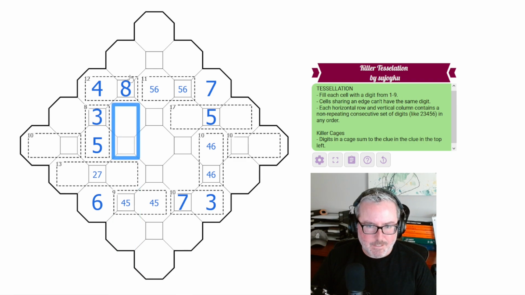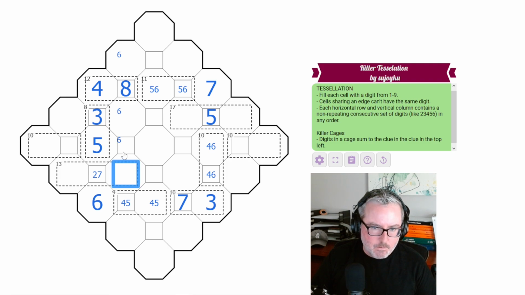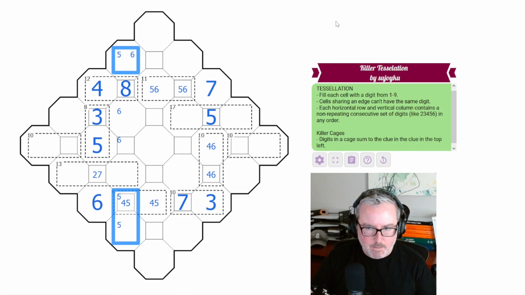The 6s could be in any of these. The 7 could go anywhere. The 5s, no, no, and no. But it's these 3 that are left with 5s. 4 can't go in any of these. Oh, well, actually, this and this can't be a 4, because both of these see them. So one of these is our 4.